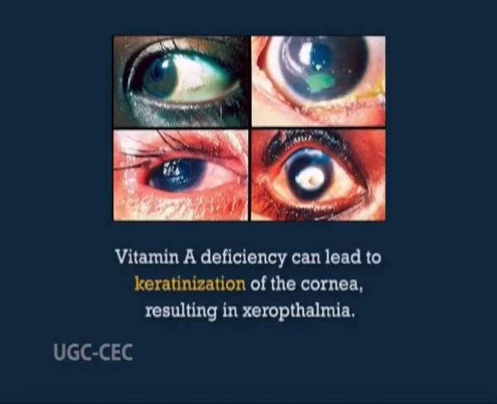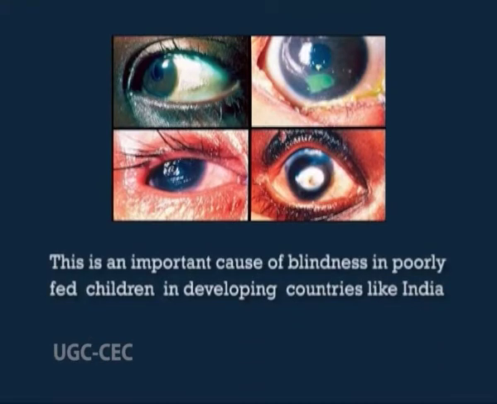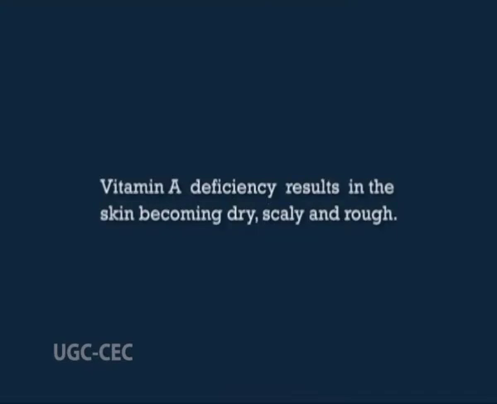Vitamin A deficiency can lead to keratinization of the cornea, resulting in xerophthalmia. This is an important cause of blindness in poorly fed children in developing countries like India. Vitamin A deficiency results in the skin becoming dry, scaly, and rough.